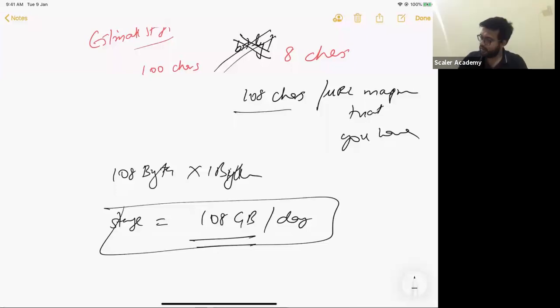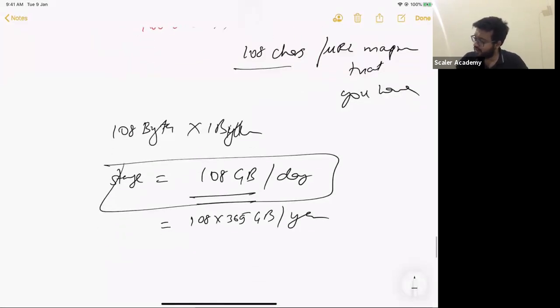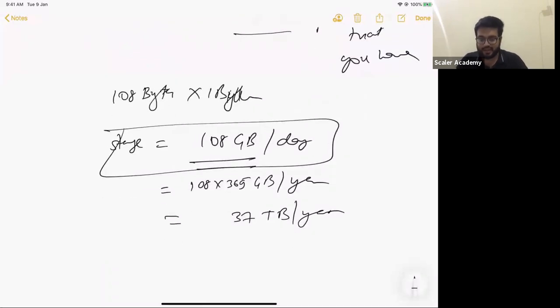Cool. If 108 GB per day, let's now come to per year. So you would simply do 108 times 365 GB per year. That should come out to be roughly 37 TB per year. Does that make sense? 37 TB per year, 36 TB per year.